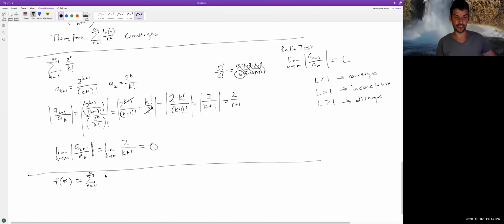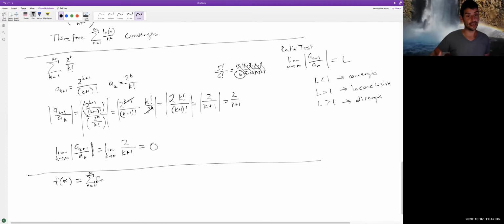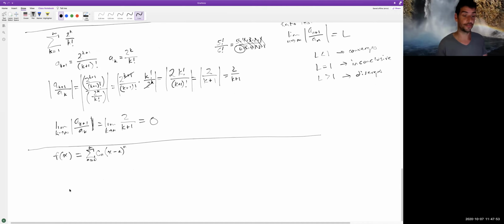But for our purposes, generally speaking, the functions we care about we can write as a series that will have some coefficient. So c sub n is just a coefficient, meaning it's a constant that depends on n. It will change with each term, just like a sub n changes with each term. And it will have x minus some number to the power of n, right? We can write our functions as infinite series, okay?